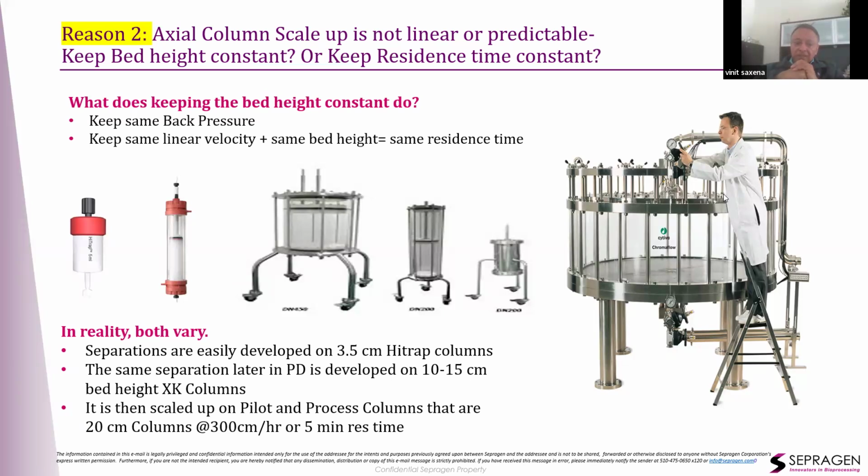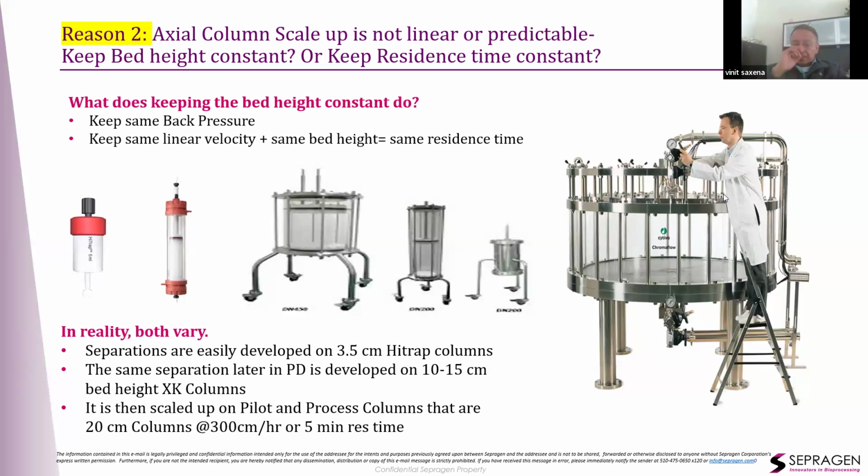But in reality, both vary. Separations can be easily developed on 3.5 centimeter high trap columns. The same separation later is developed on a 10 to 15 centimeter bed height column. And then it's scaled up in a pilot plant to 20 centimeter columns running at 300 centimeters per hour or 5-minute residence time.